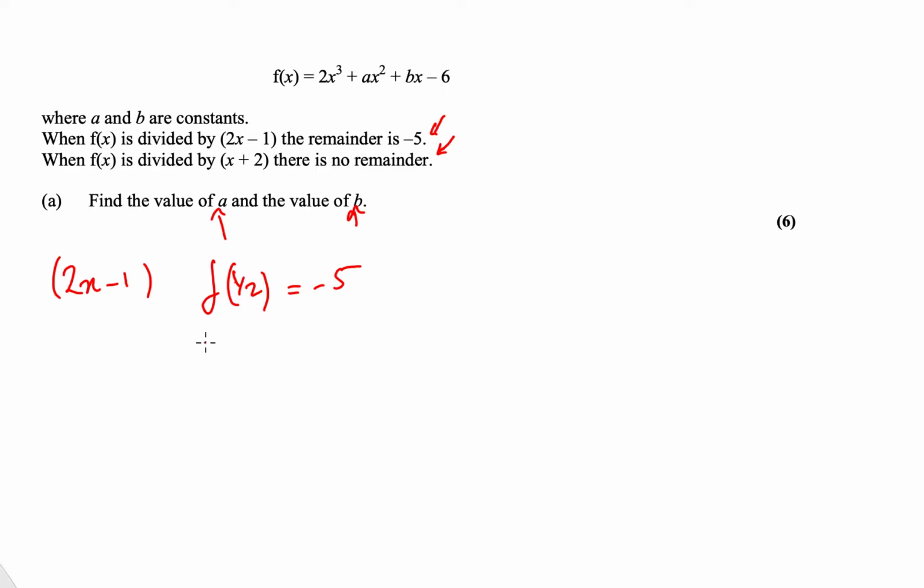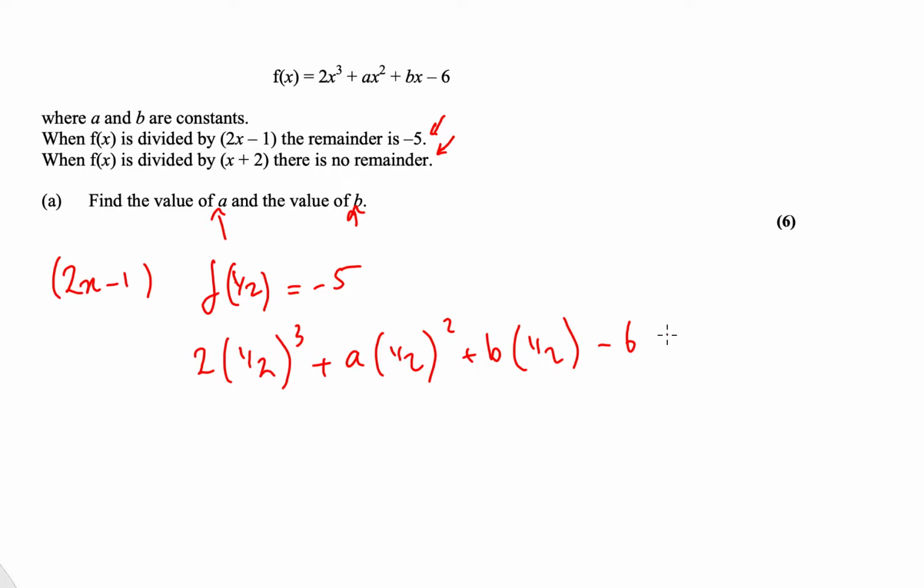So we know that 2 times a half cubed plus a times a half squared plus b times a half minus 6 equals minus 5. And we should see that we get a quarter a plus a half b equals 3/4.